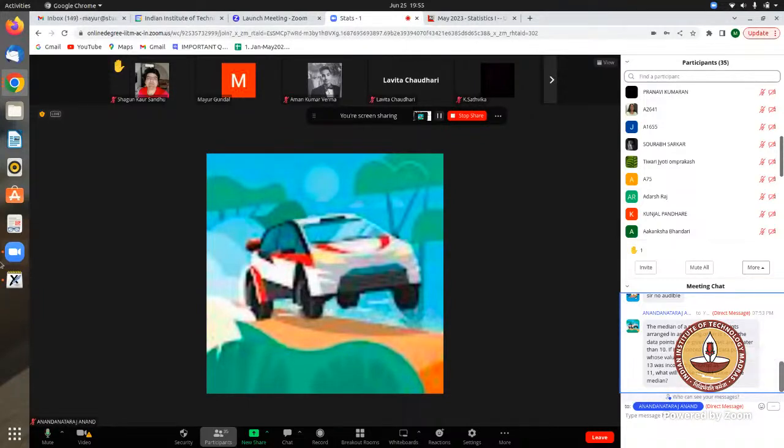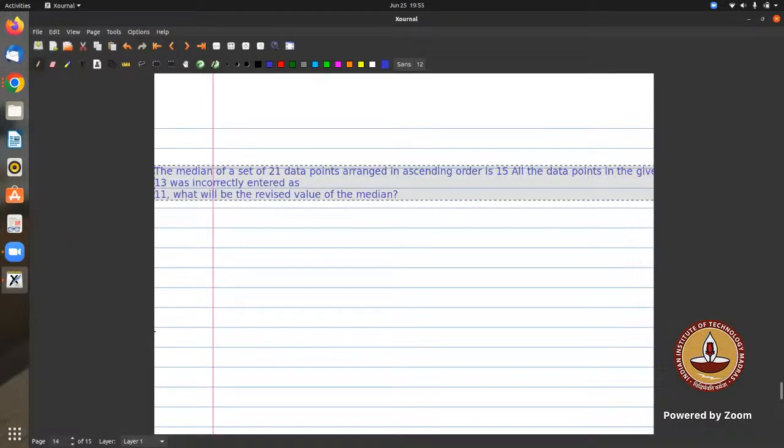So there are 21 values, right? Let's say 1, 2, 3, 4, like this. Now all values are greater than 10. That means the first value is maybe 10 or more than 10, right? Correct? Yes, sir. Median of a 21-value dataset is what?